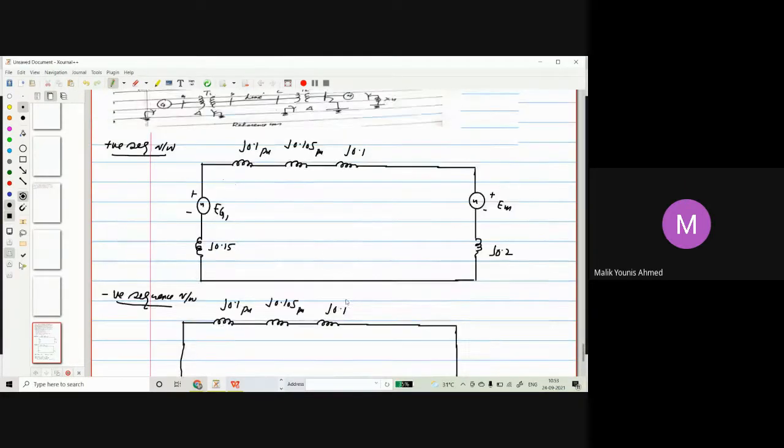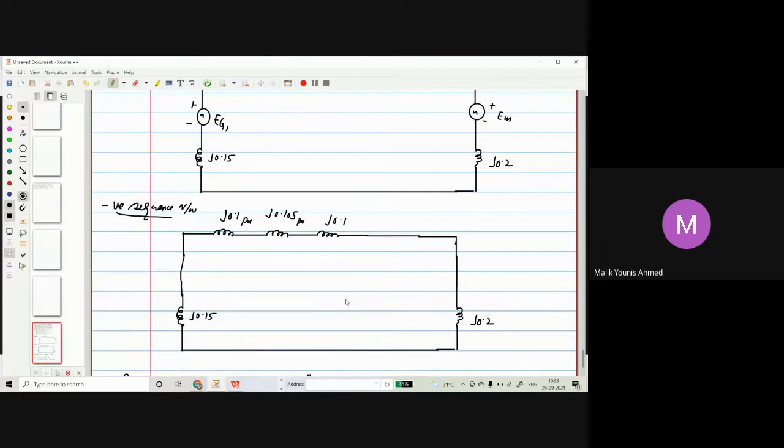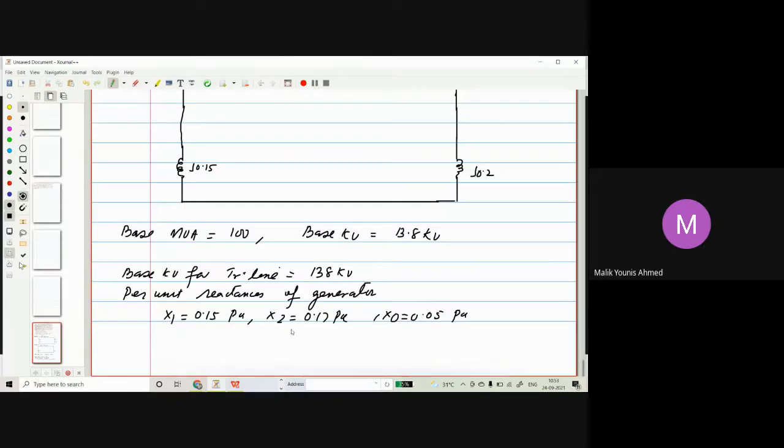For the negative sequence, we only have to take out the generator values. The negative sequence will be the same, but let me check whether the values are correct or not. Yes, it should be 0.17. We have to write 0.17 here.